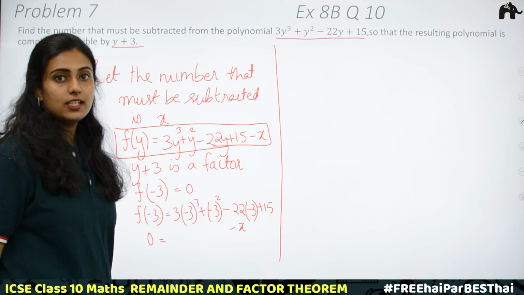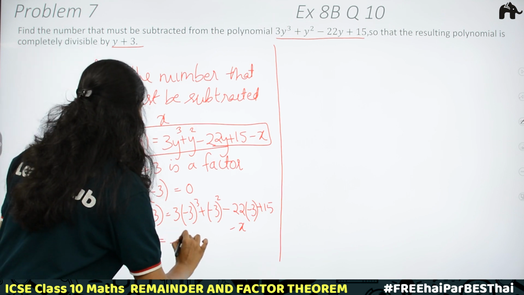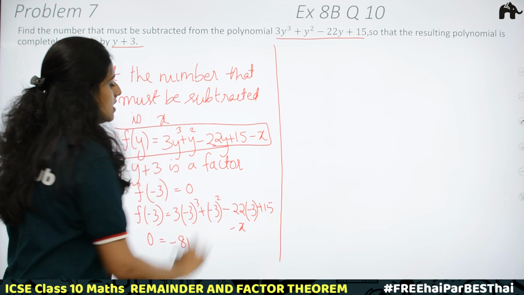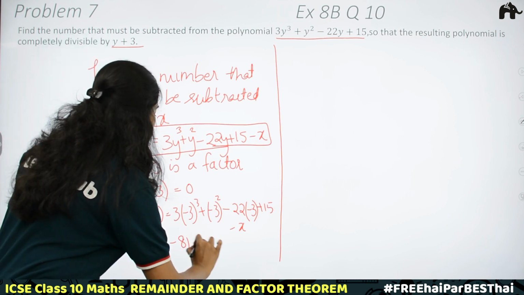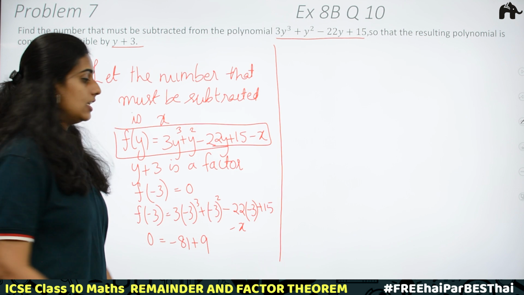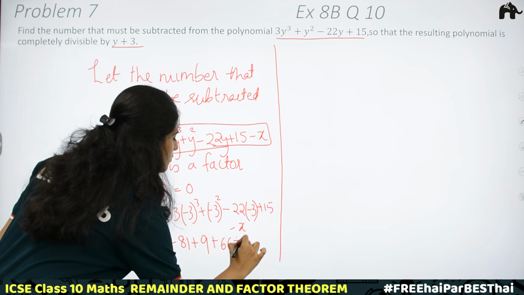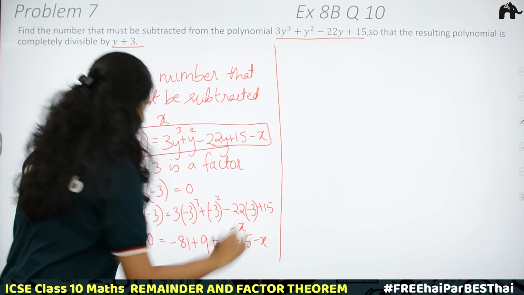Minus 3 cube is minus 27. Minus 27 into 3. That is minus 81. Minus 3 square is plus 9. Minus 22 into minus 3, which is plus 66. We have a plus 15 and minus x.